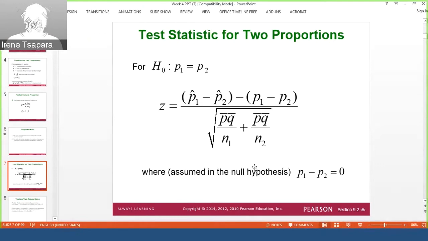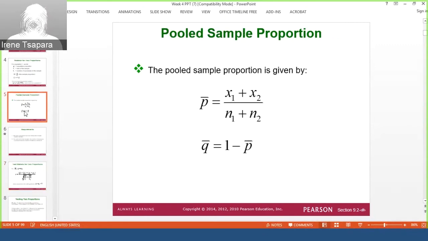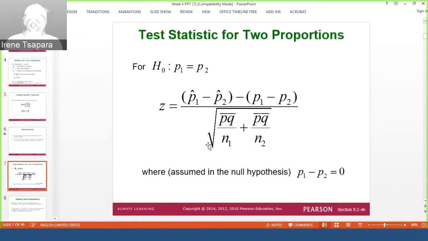Instead of taking for each sample the p hats and the q hats, we are taking the p bar and the q bar. As I said before, this is the pooled sample proportion. In this way, we try to merge the samples and keep the test statistic the same as before.